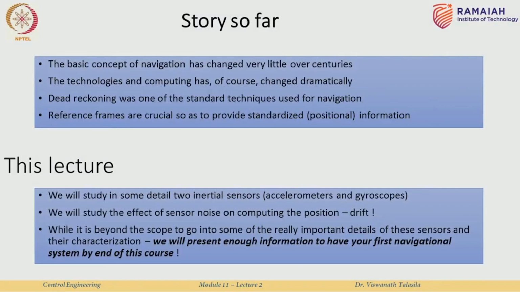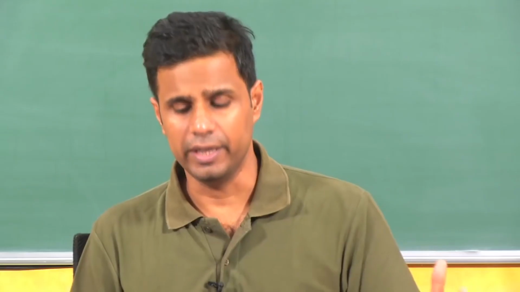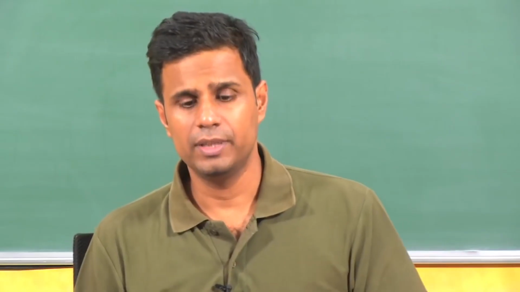All right. So, in this lecture, this is what I have basically described. You need to remember one thing: there are some extraordinarily important details of sensor characterization which we will be brushing aside quickly without going too much into detail.